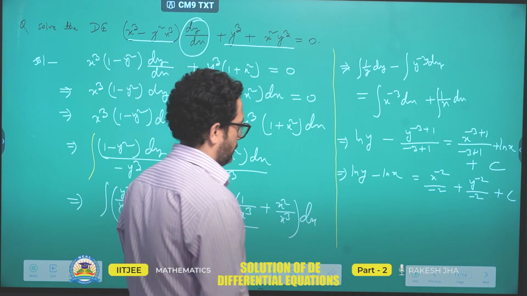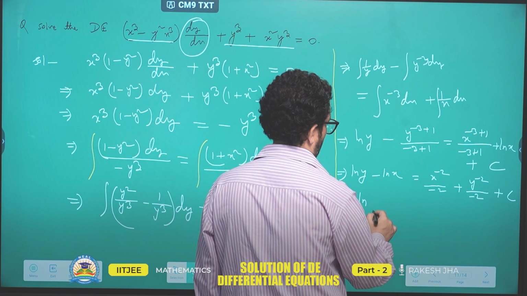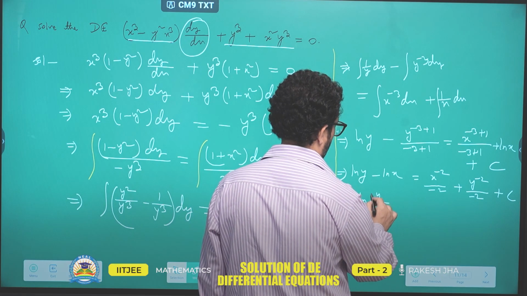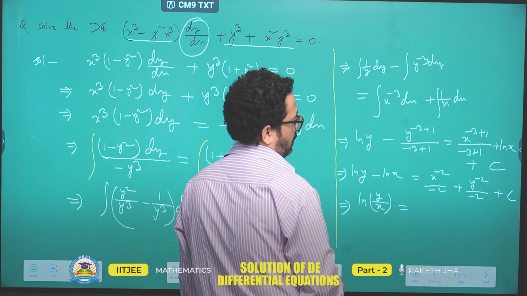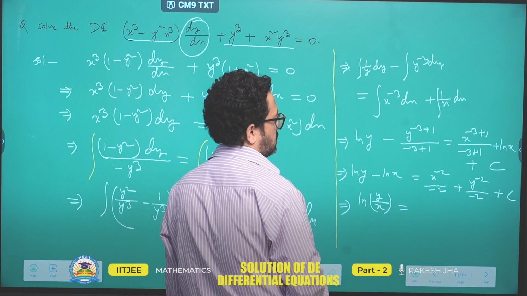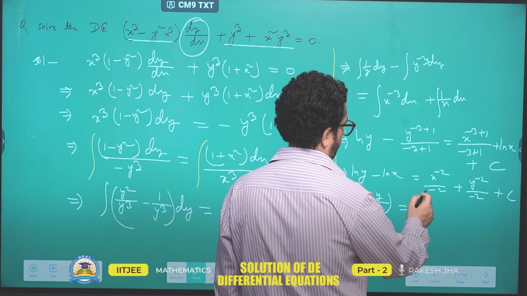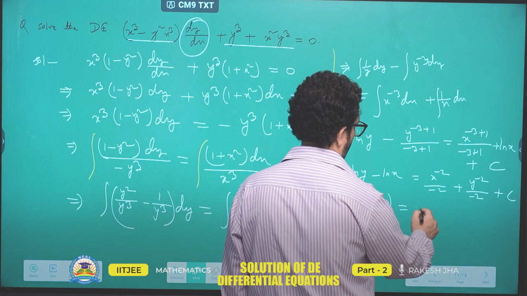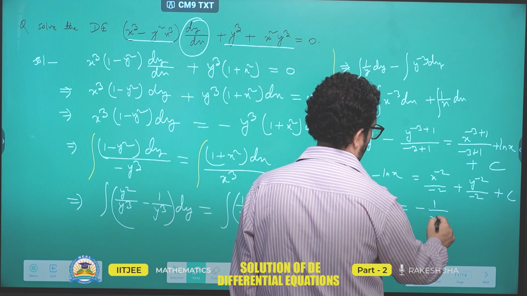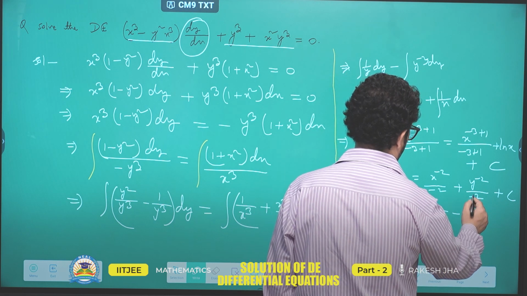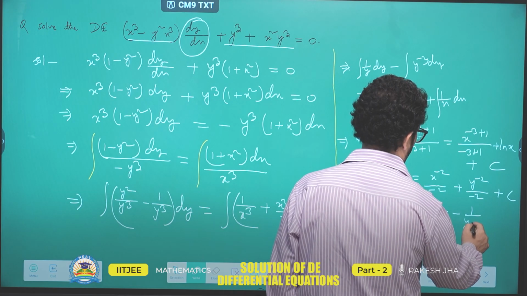So in the next step, ln y upon x is equal to minus 1 upon x square minus 1 upon y square plus c.